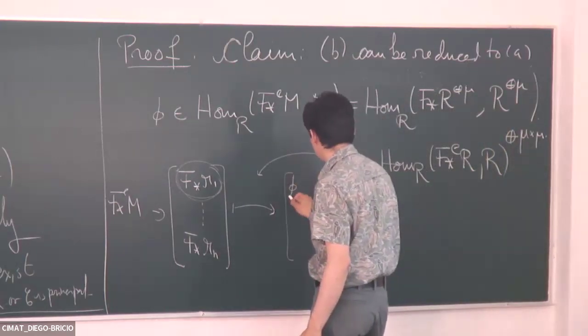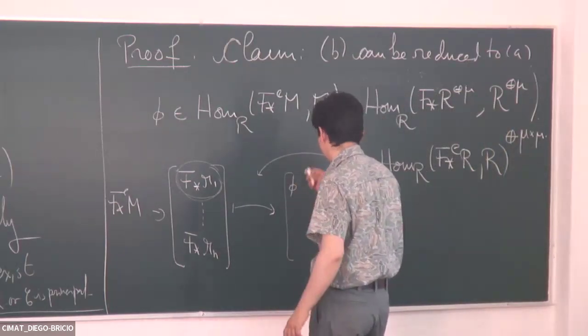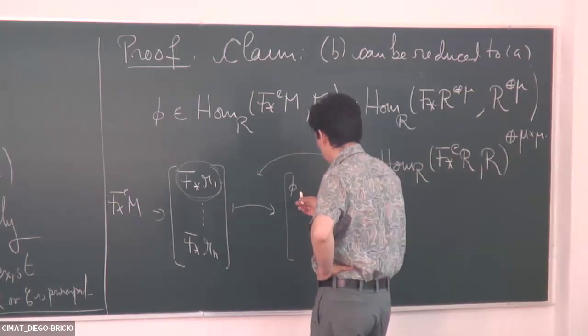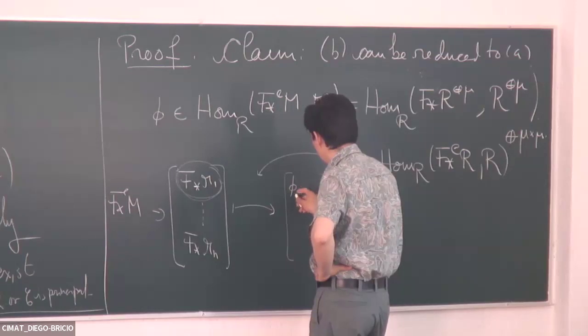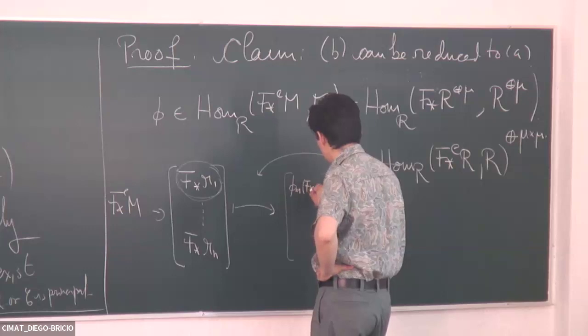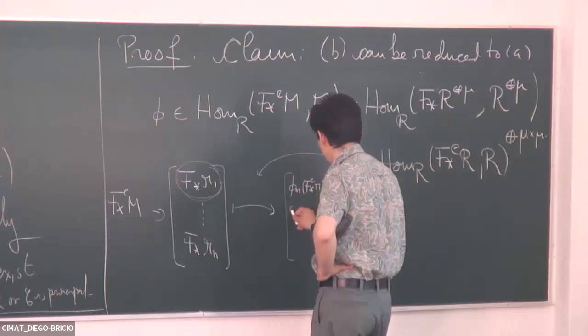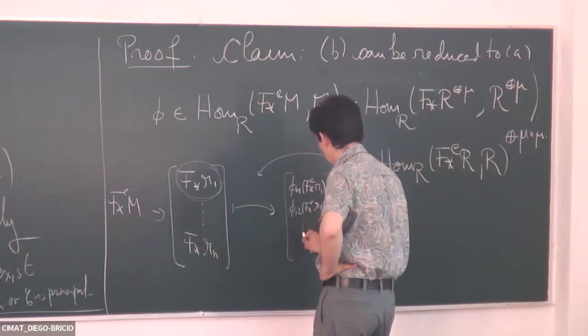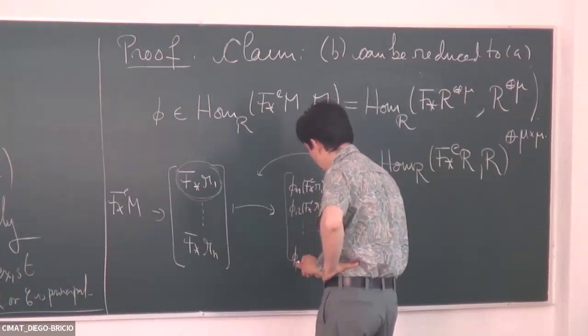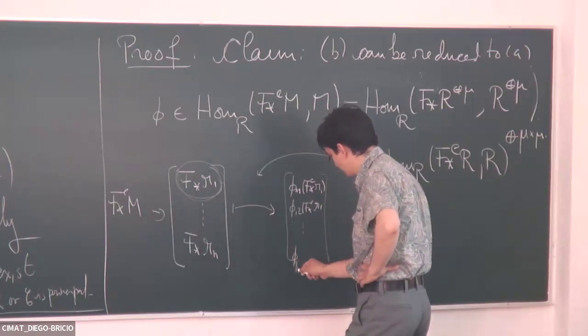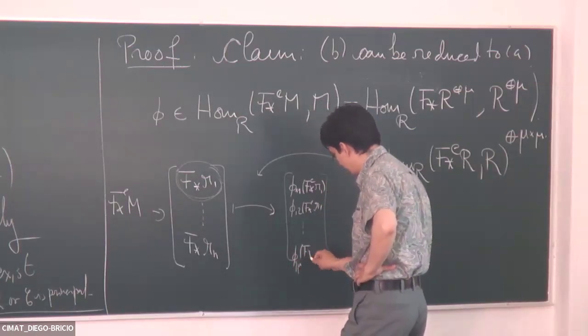So here I'm going to have phi. I have to do this properly. I think it's phi 1, 1, phi 1, 2, and so on up to phi 1, mu.